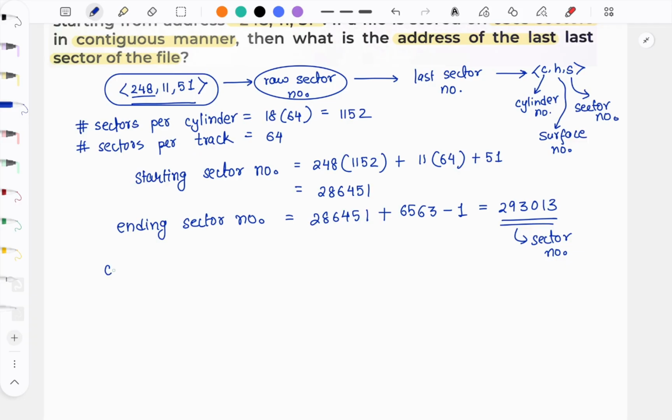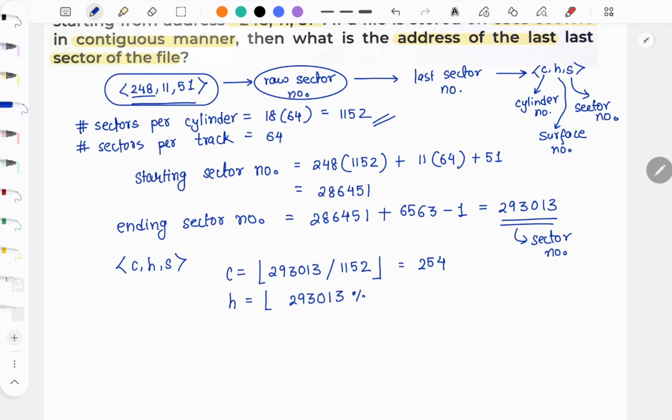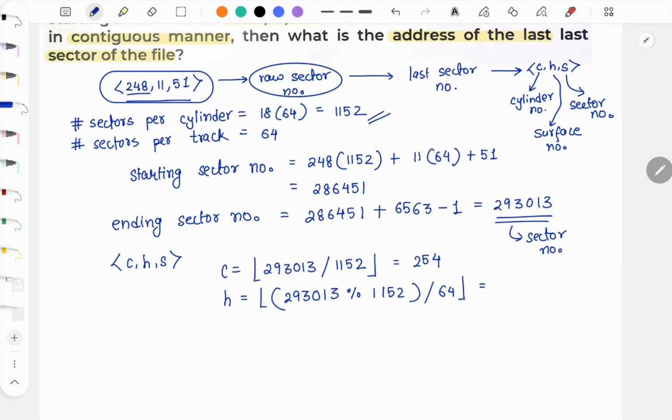Now when we need C, the address format was CHS. So for C we need this 293013. We'll divide it by 1152, which was the number of sectors per cylinder. We'll take the floor, which will come out to be 254. Now for the surface number, we'll again take the floor, but this time we'll first do modulus to get the remainder, and then divide it by the number of sectors per track, which is 64.